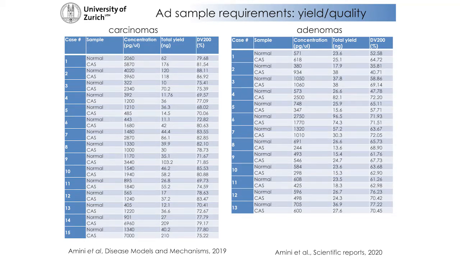For RNA from FFPE, it is best to determine RNA quality using the so-called DV200 value, which estimates what proportion of RNA is longer than 200 nucleotides. You can see in the last column of both tables that the DV200 values are usually somewhere between 65 and 80%, which is considered quite good using this Covaris-based approach.